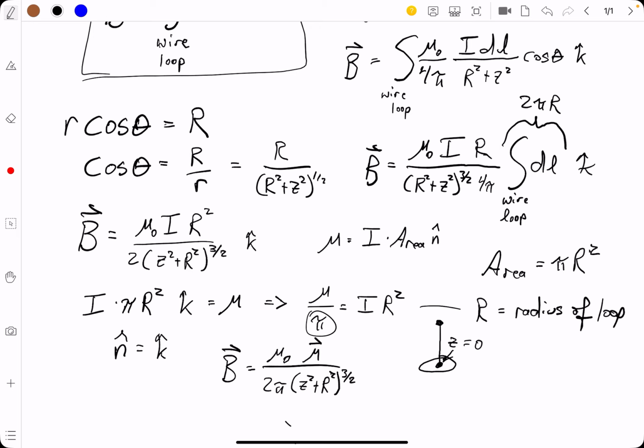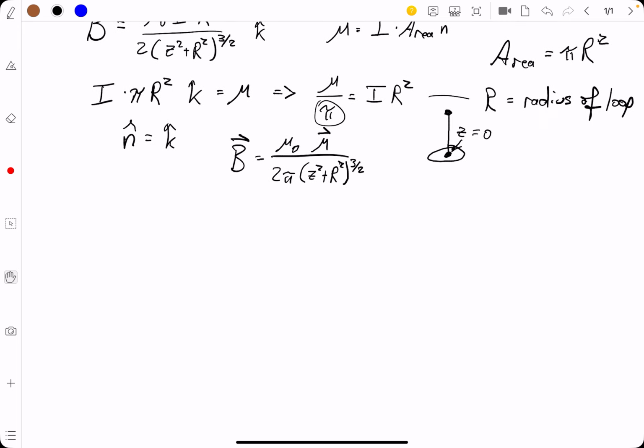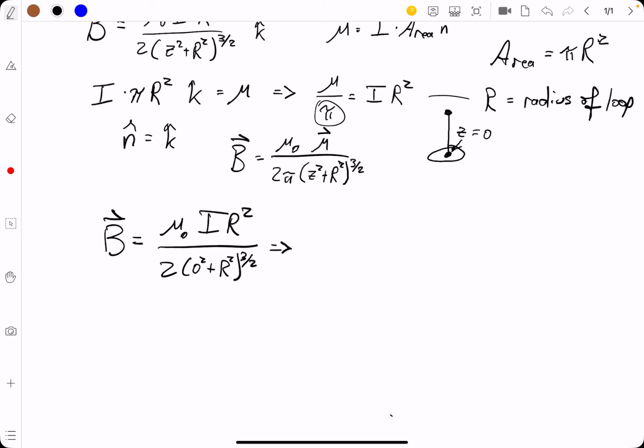So what do we get in that situation? B equals mu naught I R squared over 2 times 0 squared plus r squared to the 3/2. Oh, don't let me forget my k hat.